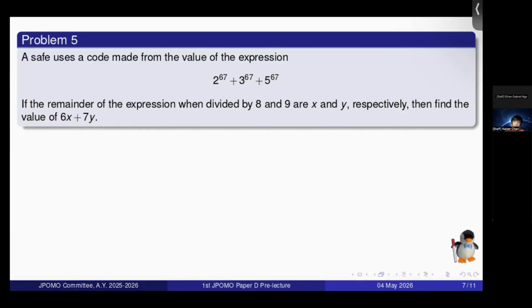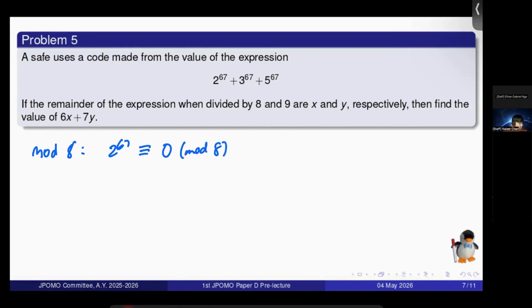We can already notice that since 8 is 2 cubed, 2 to the 67 is divisible by 8. So that has a remainder of 0. So in mod notation, this is 0 mod 8.